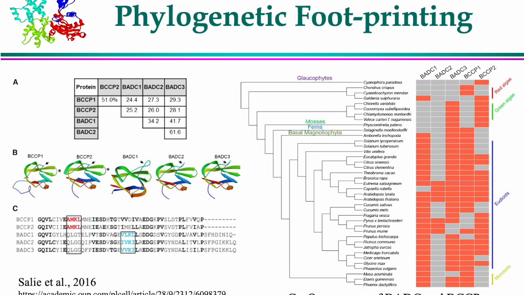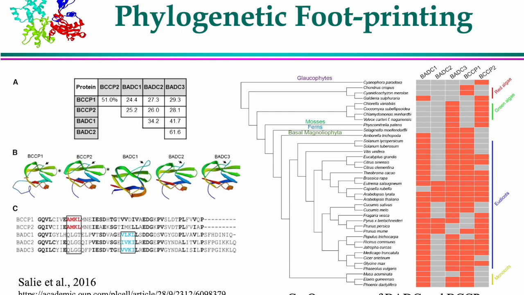And then the structures of these genes are all very similar. But if you look at the sequence alignment, you do see some interesting patterns. So BCCP1 and 2 have a conserved pattern here. And in the BADC group, this pattern is lost.